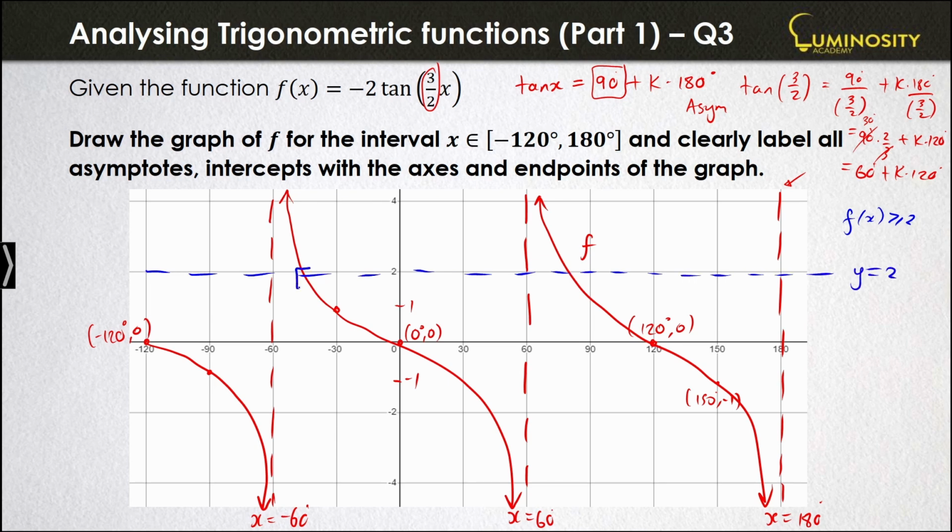You can see at this point here and at this point here, they are equal. And to the left of this, the graph is above 2. And to the left of here, the graph is above 2. That's the only time. So we need to figure out when the graph actually equals 2.